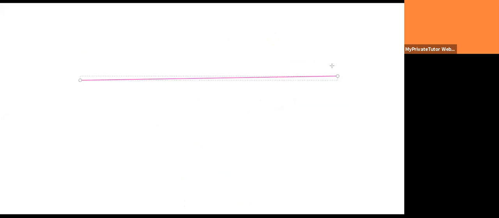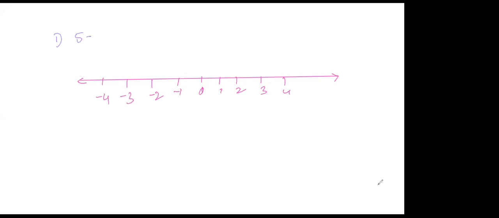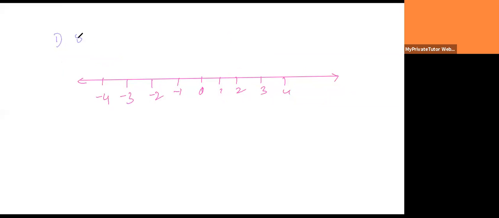So let's quickly write this. 1, 0, -1, -2, -3, -4. So what is the question? I need to check the question. The question was -3 plus 2. Okay, -3 plus 2.